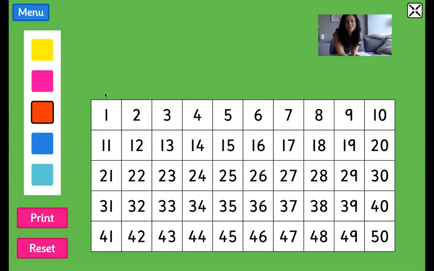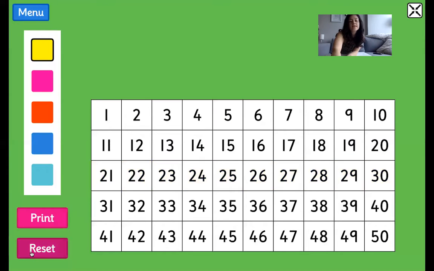20s. That's right. The 20s are right here. And you'll notice that in the word 20s, you hear the number 2. 20s, 20s. Every number in the 20s starts with the number 2.